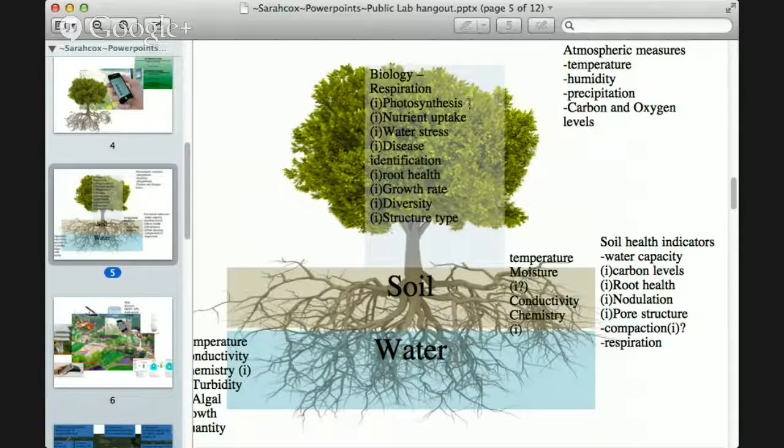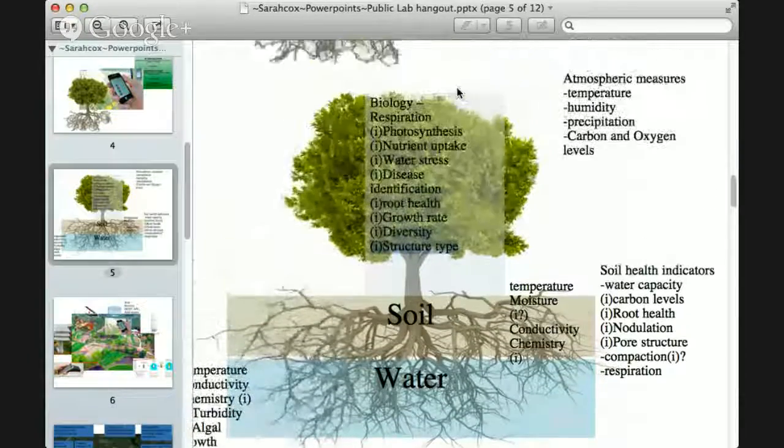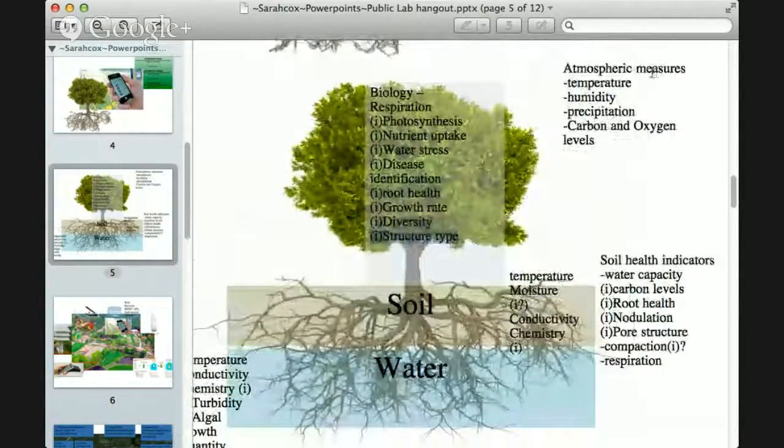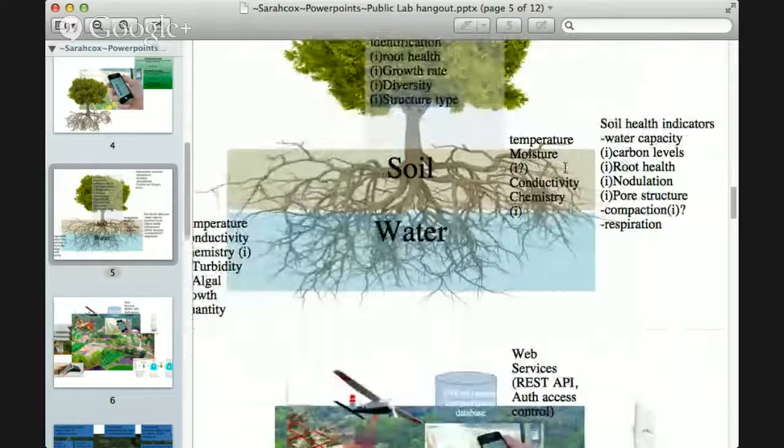What we're looking at right here is just one above-ground indicator of photosynthesis, or general plant health or plant growth, but we're also looking for indicators through imaging of nutrient uptake and water stress, disease, etc., and indicators of root health and growth rate, diversity, the type of structure, and all of this should be identifiable with the imagery, and then also extending some of the same processes down into the soil.